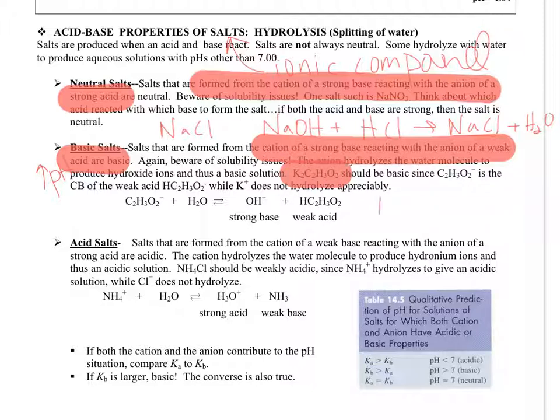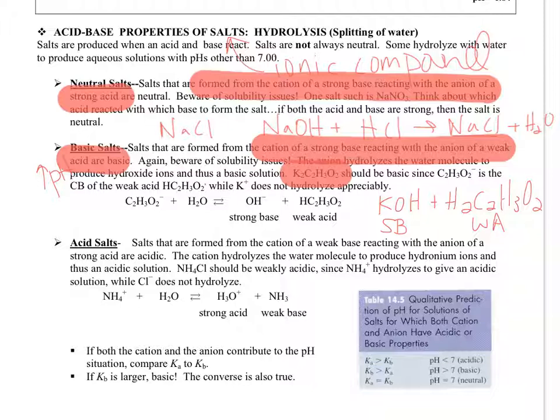So the K part came from KOH. That's a strong base. But the C2H3O2 came from HC2H3O2, which is a weak acid. So if it comes from a strong base and a weak acid, then it is a basic salt. And when you mix that with water, it would make the pH go up.